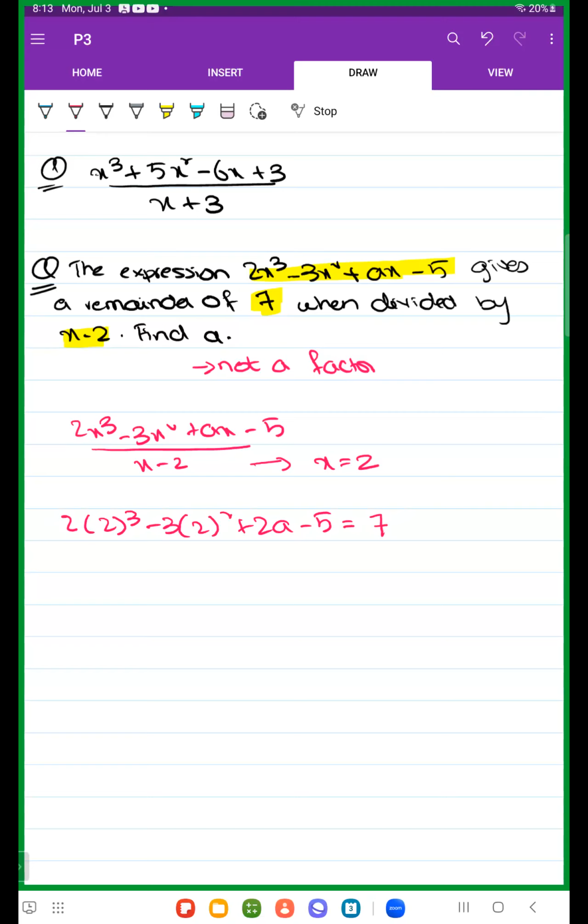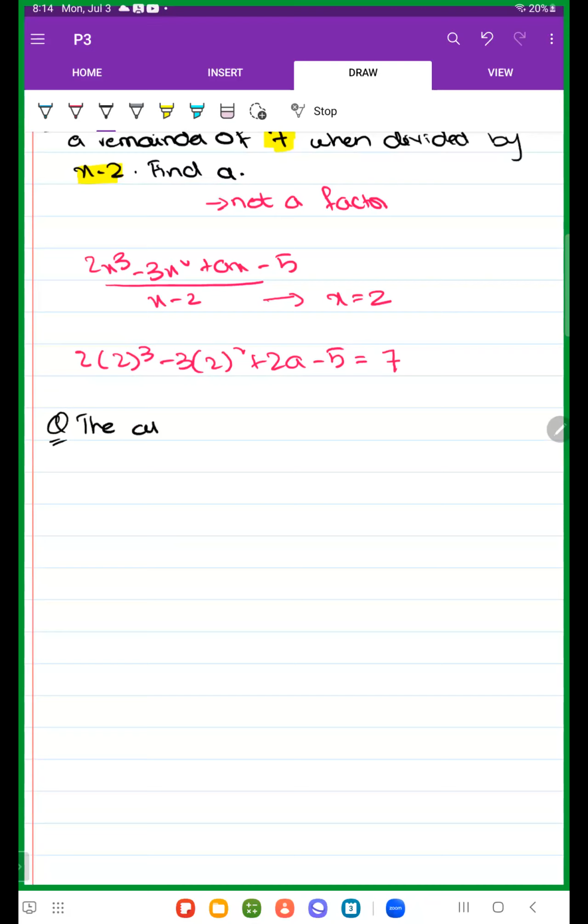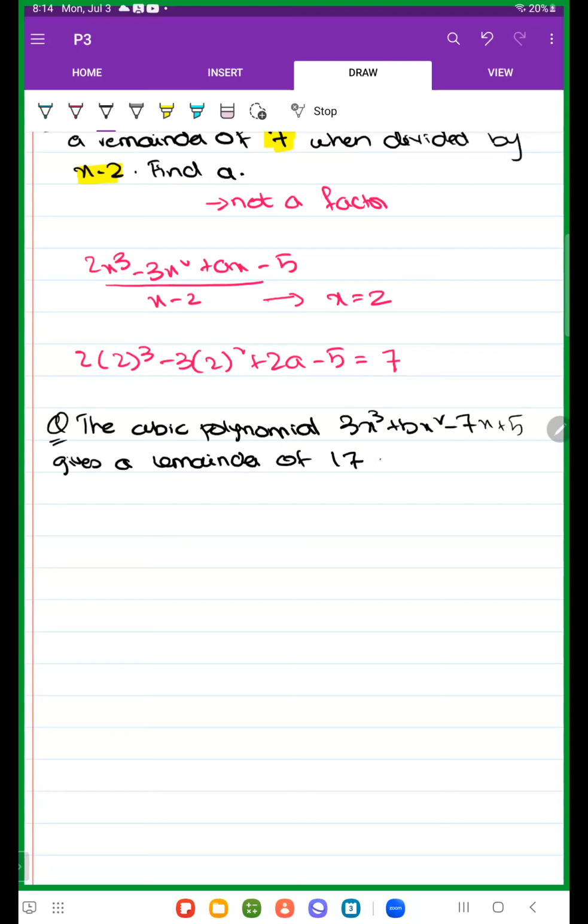Okay. Let me give you another question like this. Can you solve this for me?